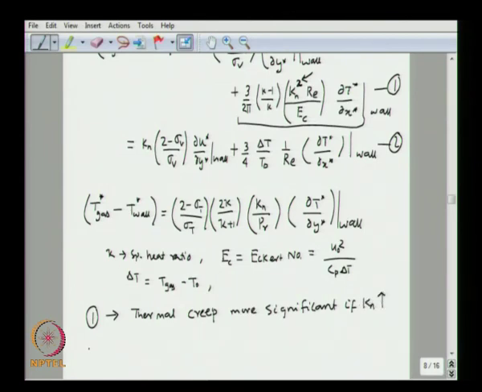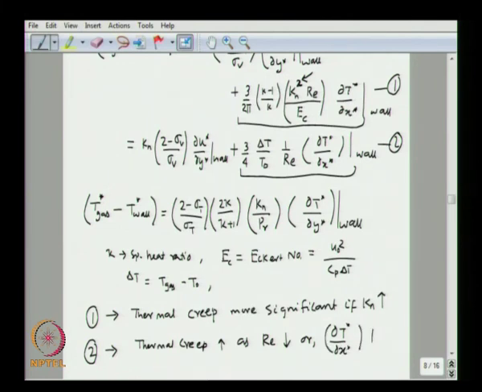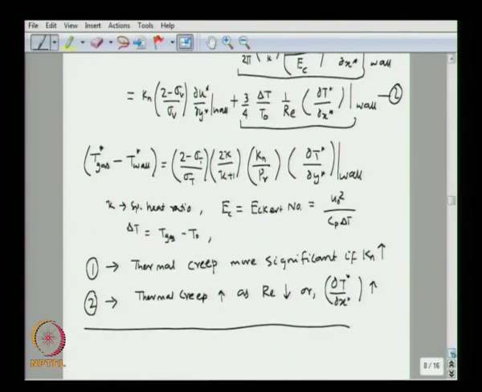We also observe from term 2 that the thermal creep increases as the Reynolds number reduces, or as the temperature gradient delta T increases. Those are two important conclusions that we make from the non-dimensionalization.